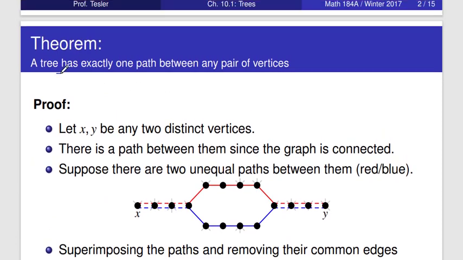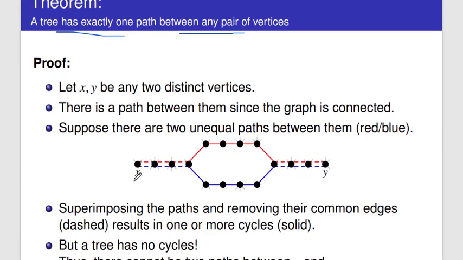Then a tree has exactly one path between any pair of vertices. There are no multiple edges, and if you connect any two vertices there is exactly one path. Let's assume there are vertices 1 to 10, and a vertex x and a vertex y. If you join x to y and it is a tree, then there should be only one path.